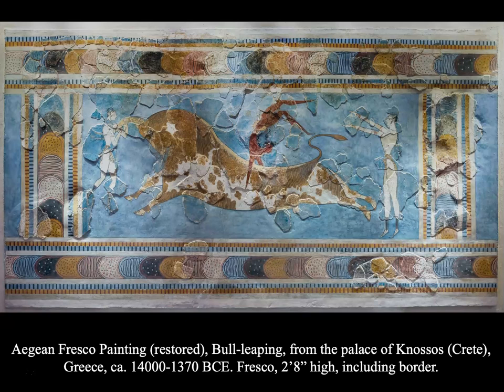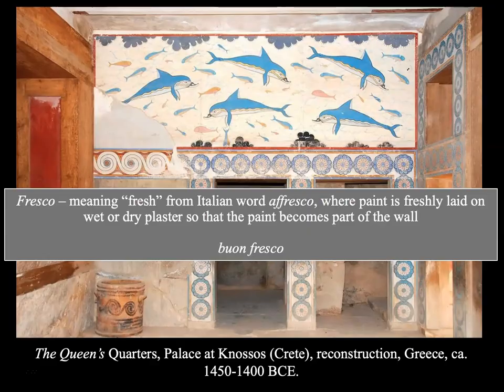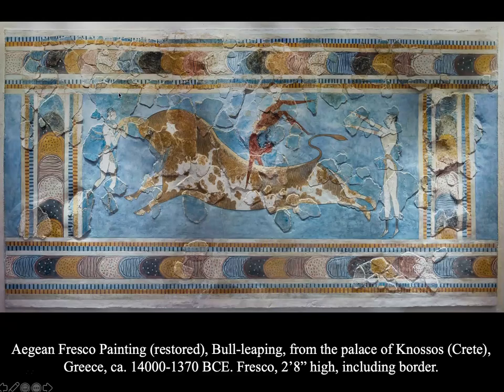Now, in this image, you can see that there are two sets of figures: the lighter colored skin figures and this dark red looking figure who's actually doing the activity on the bull itself.